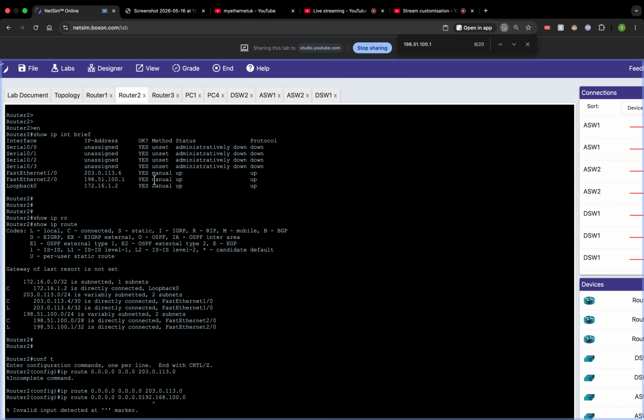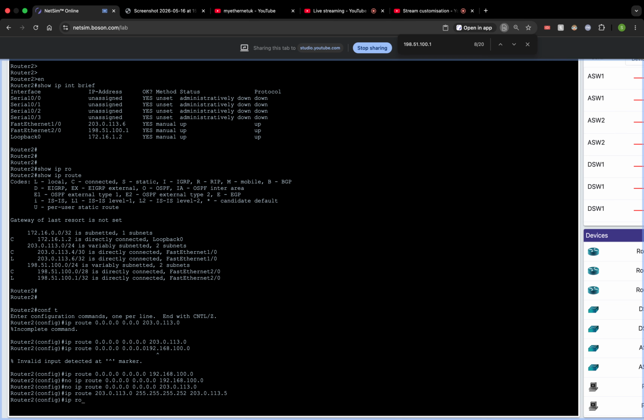We need to configure that serial 0 interface with 203.0.113.5 as the next hop there. So router 2 has a route to that network: we configured the network address, subnet mask, and next hop.